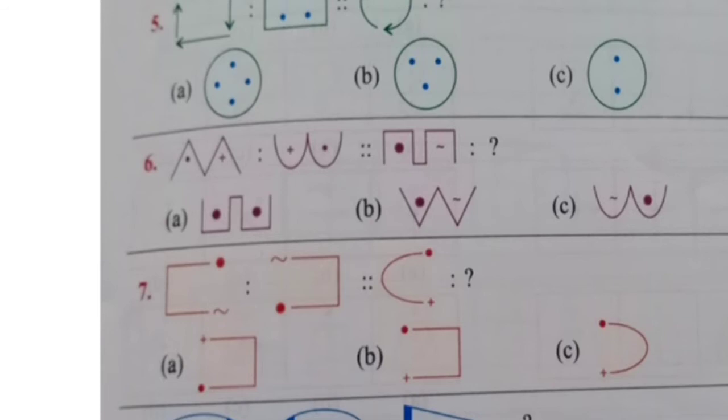So we have to find our correct option by using the next question. See what is given in the question. Some half square they have shown, then first a dot, and next one a sign. So we have to find the correct option in that.